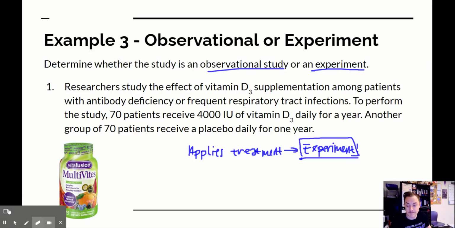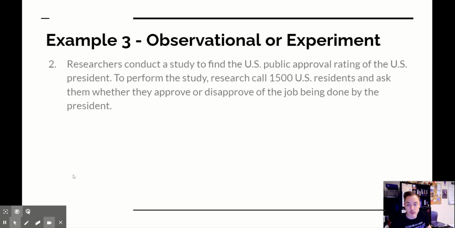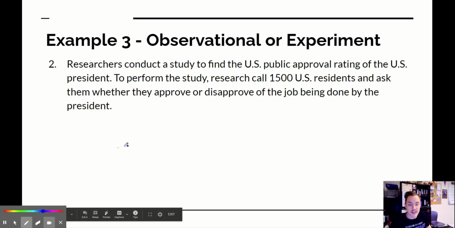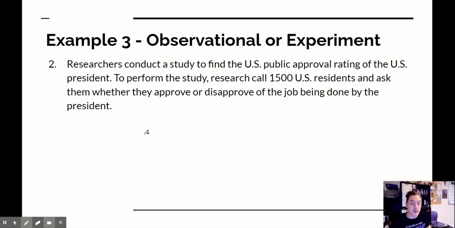All right. The next one, researchers conduct a study to find the U.S. public approval rating of the United States president. To perform the study, researchers call 1,500 U.S. residents and ask them whether they approve or disapprove.